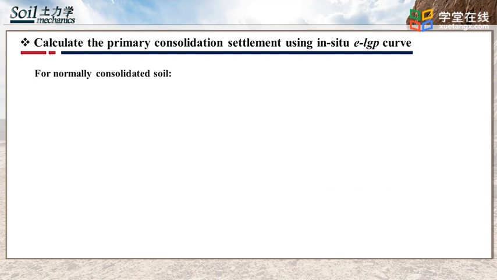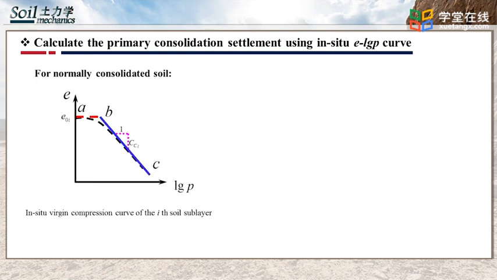Now, let's discuss the calculation method of primary consolidation settlement using in situ compression curves. For normally consolidated soil, this figure shows the in situ virgin compression curve of the i-th soil sublayer. Before the stress increase delta sigma i is applied, the vertical effective overburden pressure in the field P0i equals the average effective self-weight stress sigma Vi.